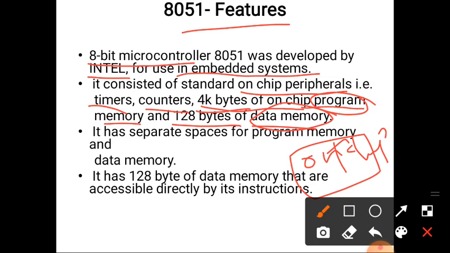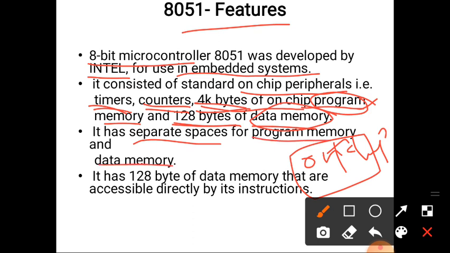Program memory stores the programs, and data memory stores data. And they contain timers and counters, and it has separate space for program memory and data memory.